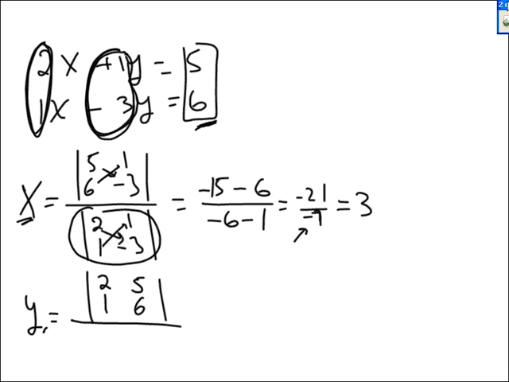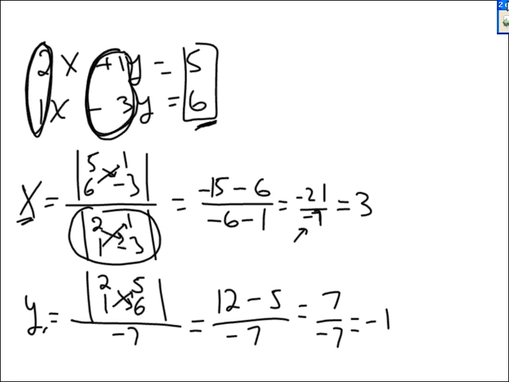That is, it's going to be -7. 2 times 6 minus 1 times 5 gives you 7 over -7, or -1. So y equals -1, x equals 3.